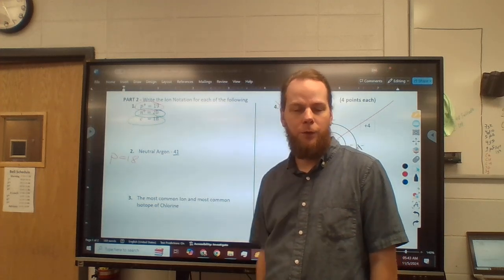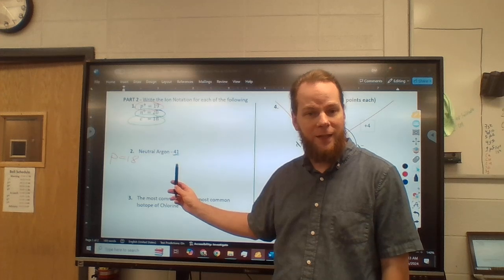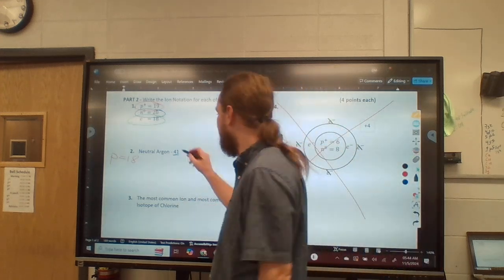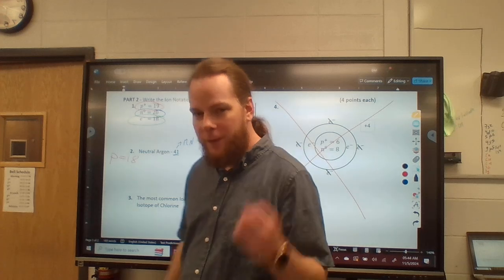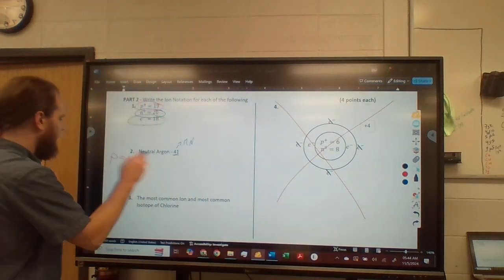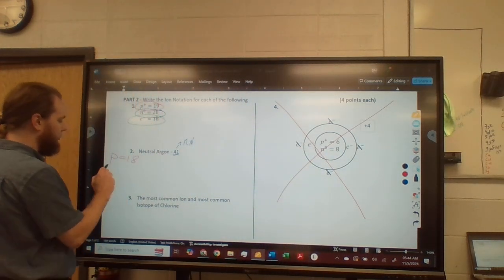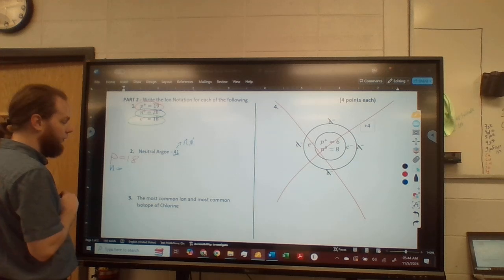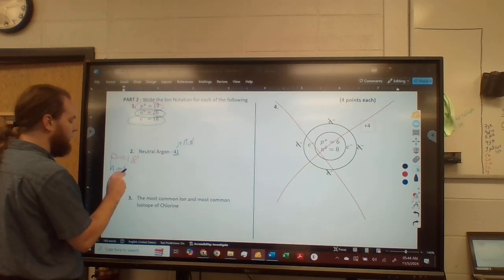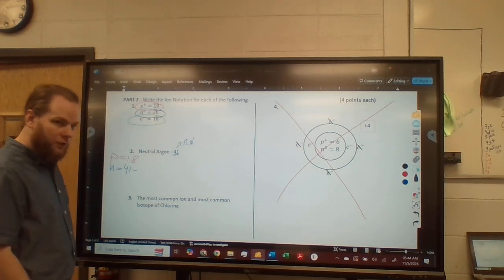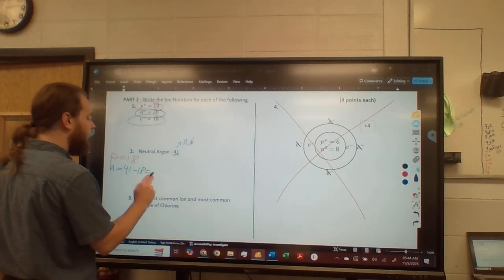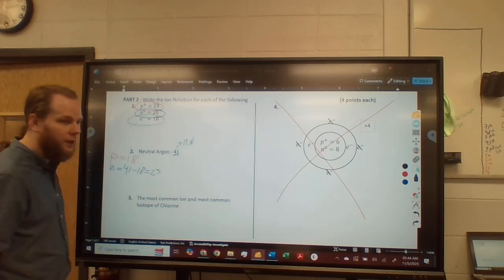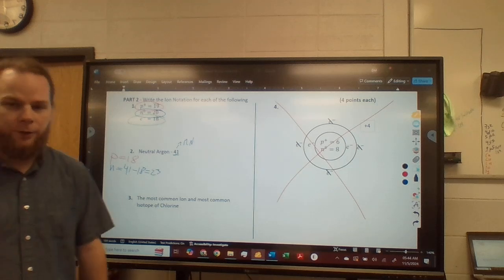That's an isotope notation, which means that the number at the end is the mass number. If that's the mass number, then we can figure out the number of neutrons by taking the mass number 41 minus the number of protons 18, and that gives us 23 neutrons for this diagram.